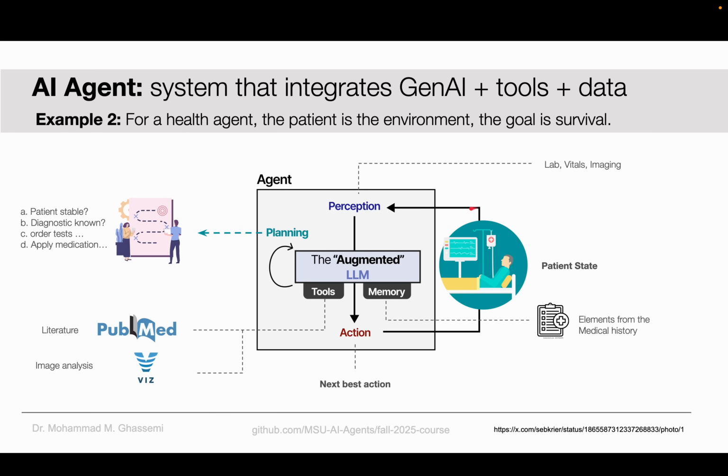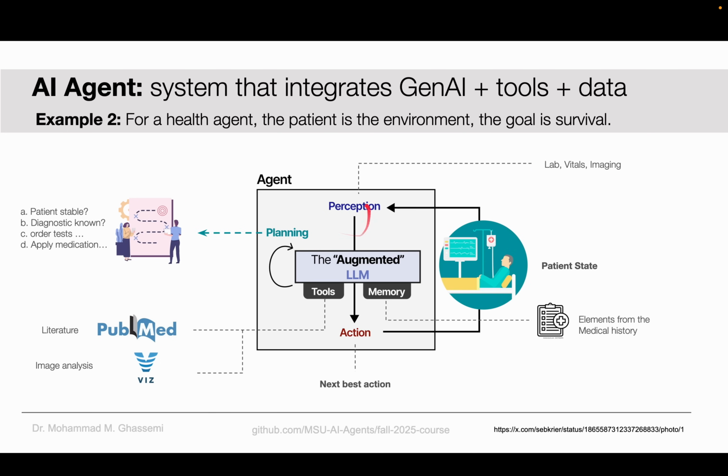And just like in ChatGPT's case, there is a perceptual process that was taking a subset of what you provided it. Remember, we were ignoring some of the properties of the voice and we were only interested in the text of what the user said. Well, similarly here, this AI agent might only be interested in a subset of the data that comes from the patient. Let's say it's the labs, the vitals, and the imaging.